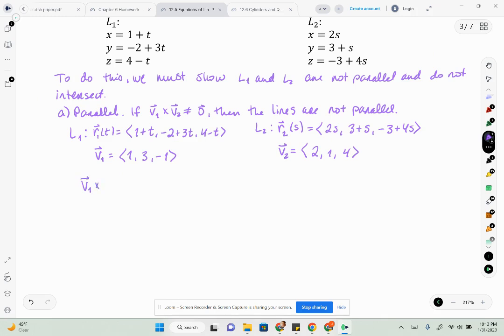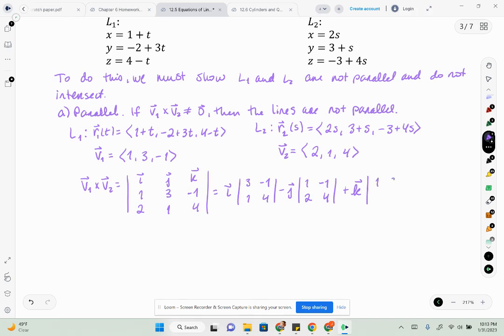So V1 cross V2 is equal to the determinant with i, j, k, 1, 3, negative 1, 2, 1, 4. This gives me i hat with 3, negative 1, 1, 4, minus j hat with 1, negative 1, 2, 4, plus k hat with 1, 3, 2, 1.